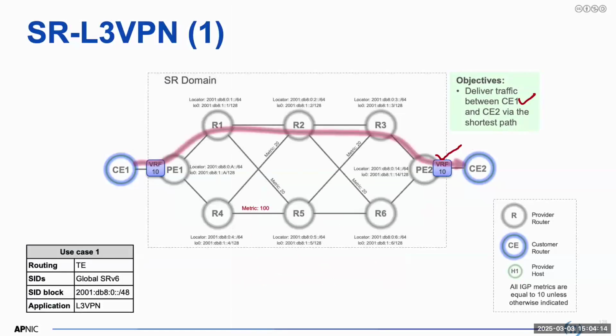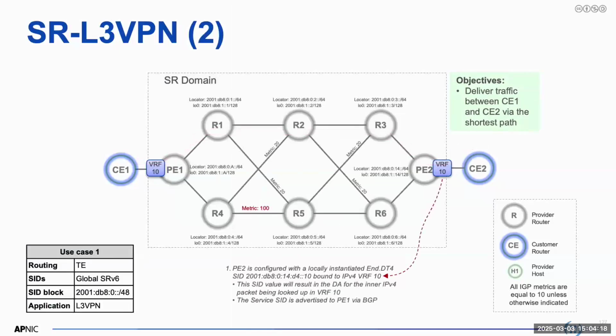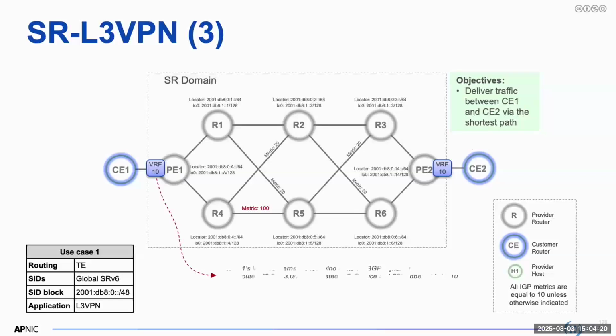We want to deliver traffic over the shortest path, so what are the different things that need to be done? P1 VRF10 learns the route using the BGP signaling protocol, and then it associates this route with the IPv6 address it has learned.